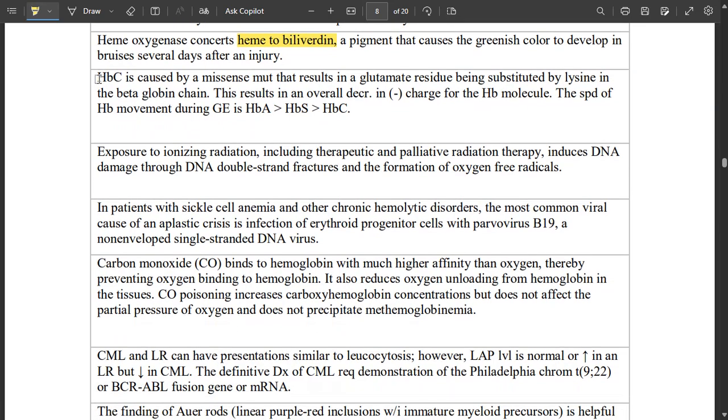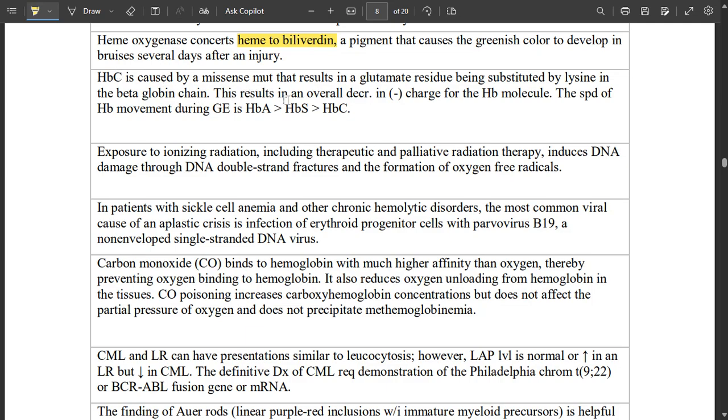Hemoglobin C disease is caused by a missense mutation in which glutamic acid is substituted by lysine. Sickle cell disease results from glutamate replaced by valine, but glutamate replaced by lysine results in a defective beta globin chain, causing hemoglobin C disease.